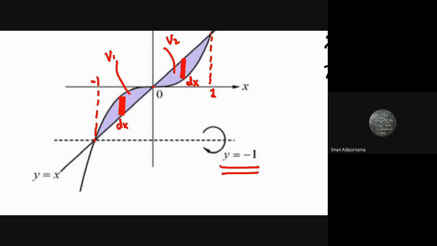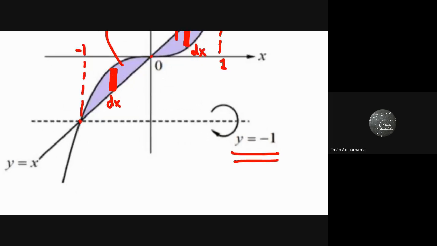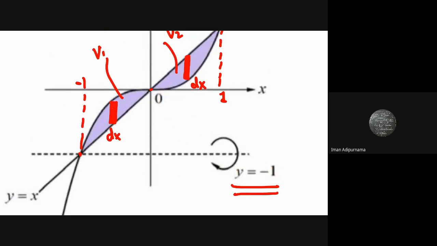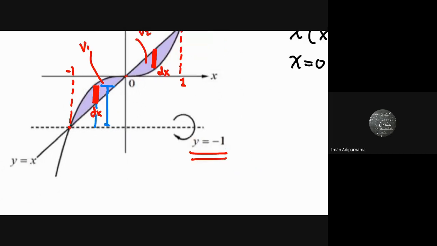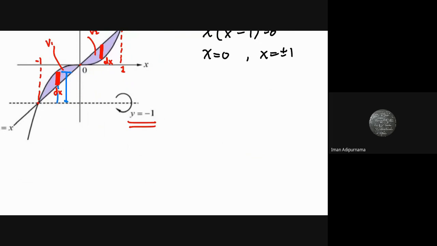Now to solve this, if we rotate that region about y equals negative 1, then we have two radii, right? This is the first radius, and this is the second one. So for volume 1, we take pi integral from negative 1 to 0.